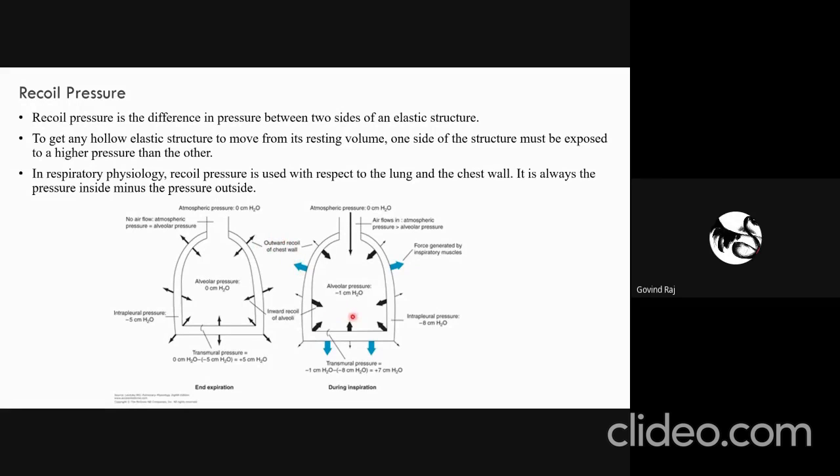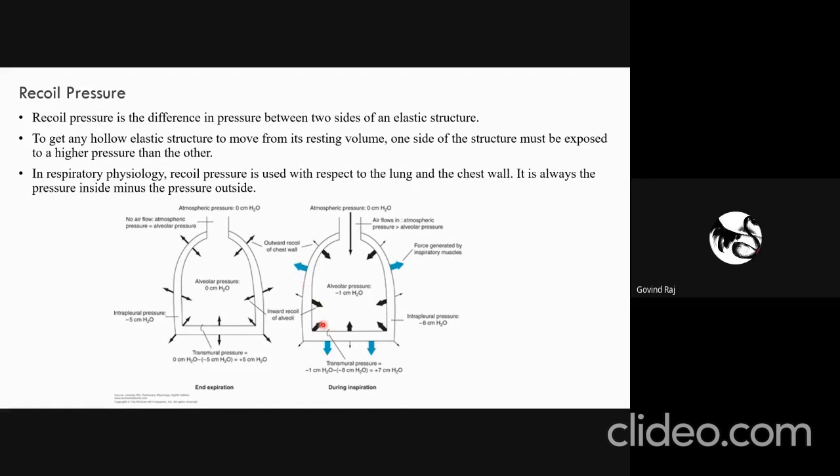As atmospheric air enters the alveolar cavity, an alveolar pressure develops. When air gets sucked into the alveoli, the pleural pressure is exceeding, the pleural pressure is more than the alveolar pressure.